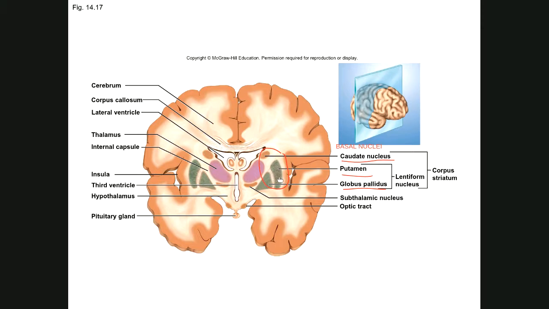Now, what the basal nuclei does is that it regulates motor control of start and stop movements. Now, you might be confused. What do you mean by start? What do you mean by stop?